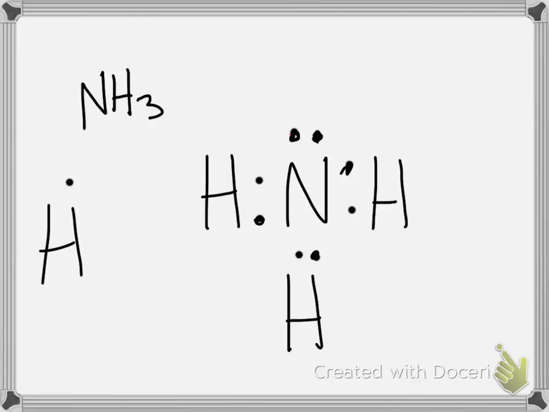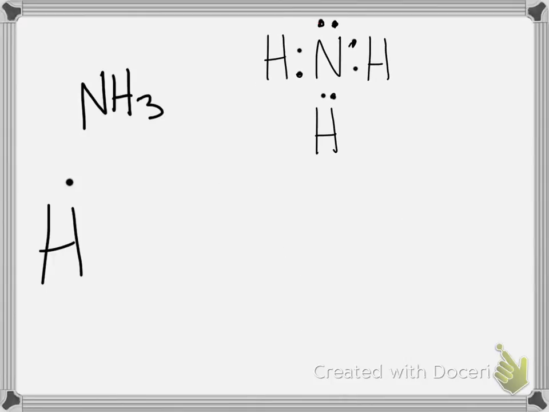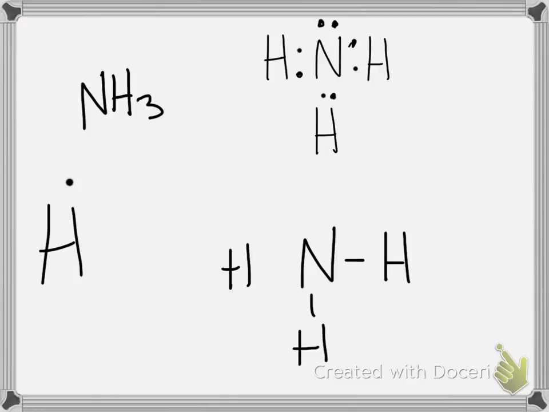Once we've got those shared pairs that are bonding it together, then we can just replace each pair with a line.